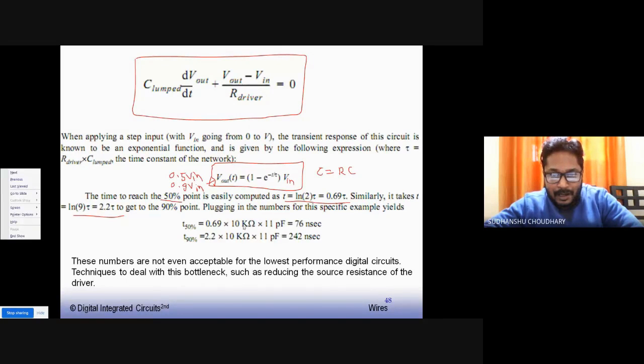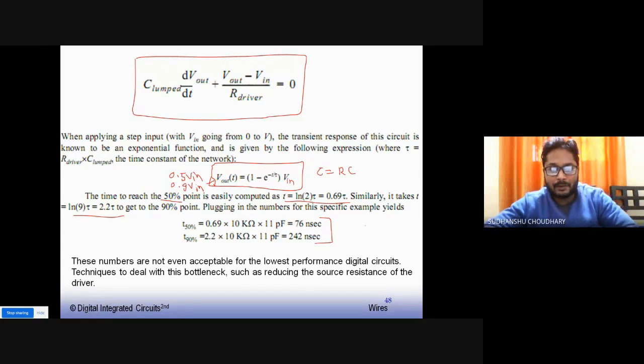So R and C are already given to you: 10 kilo ohm is R and 11 picofarad is the lumped capacitor value. If you do this, we'll get the 50% delay as 76 nanoseconds and the 90% delay as 242 nanoseconds. So this way one can calculate the delay at the output.